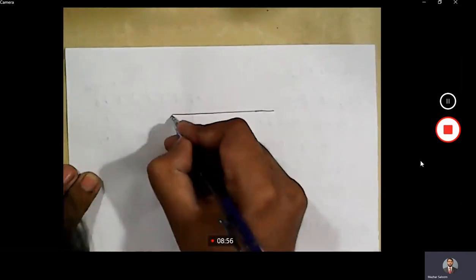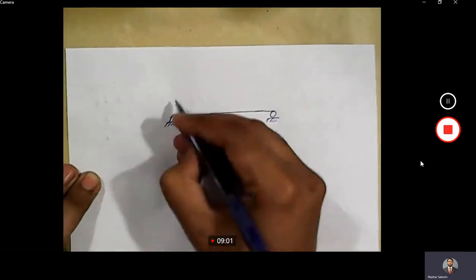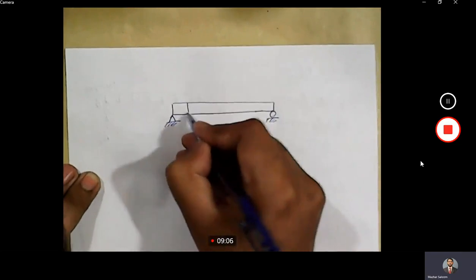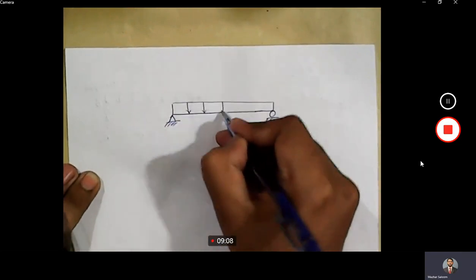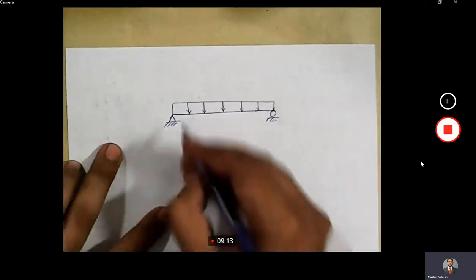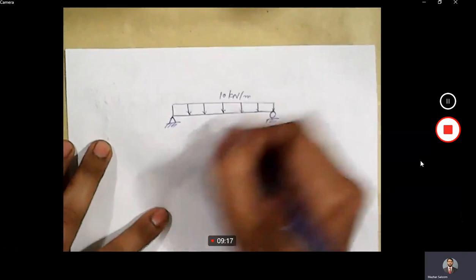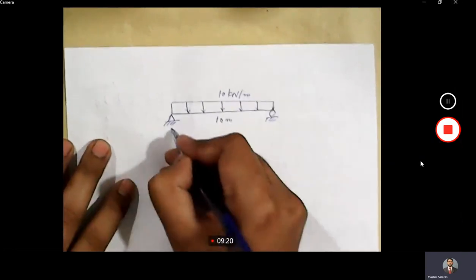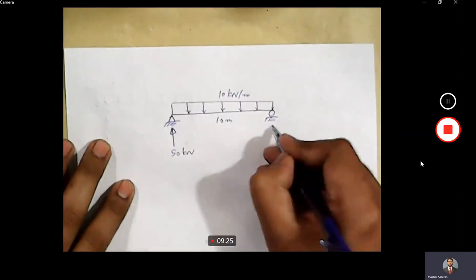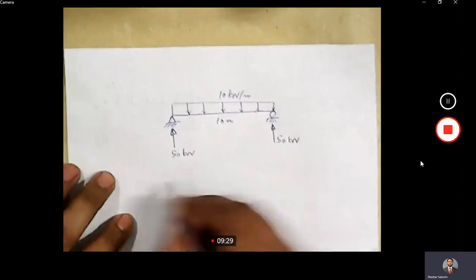Okay, we have a simply supported beam subjected to a UDL. Intensity of UDL is 10 kilonewton per meter. Span is 10 meters. Reaction here is 50 kilonewton.